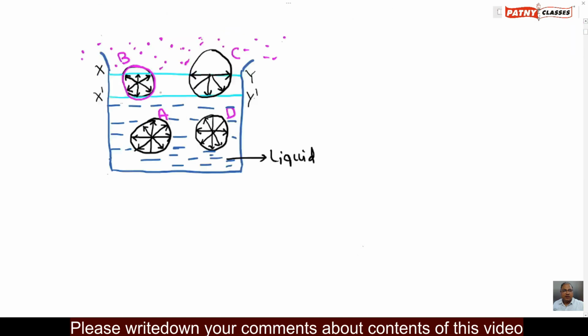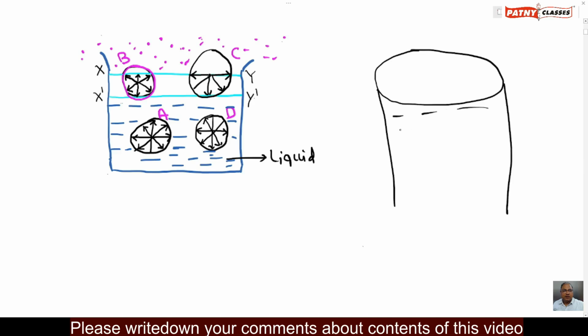Now, this container is not rectangular actually. It is round in shape like this, or it is a box. It is not just a two-dimensional object, it is a three-dimensional object. It is like a box, and below this box there is water, liquid.